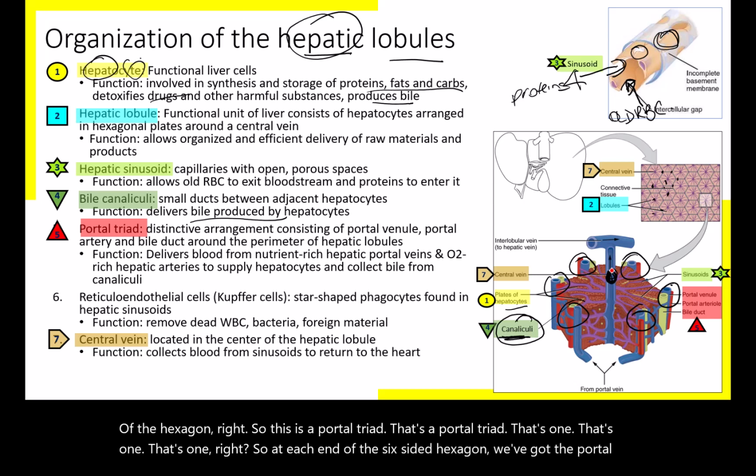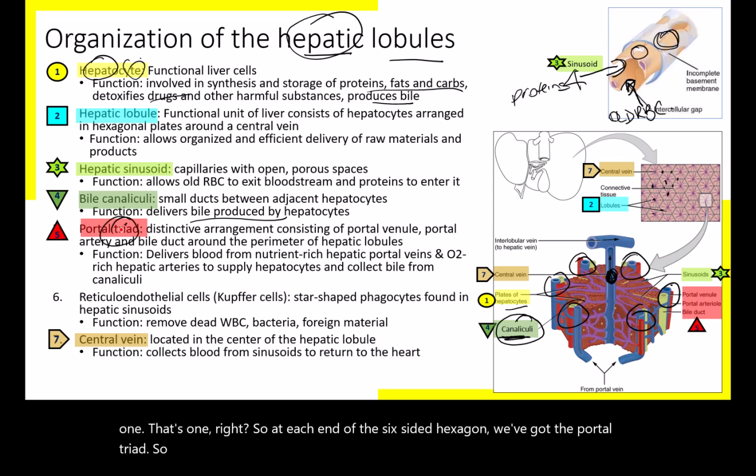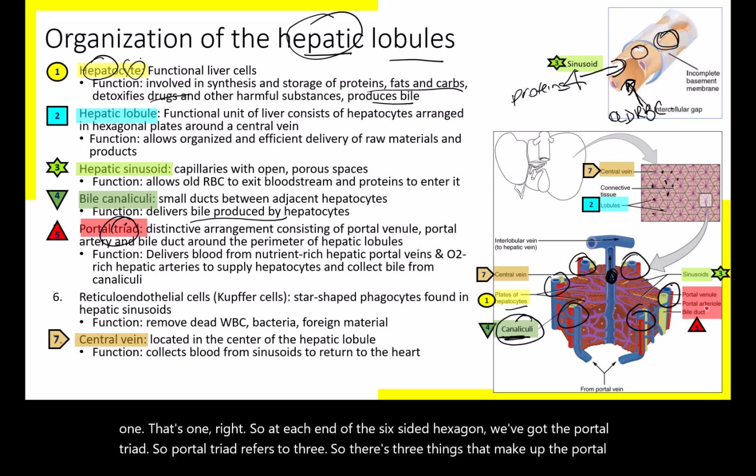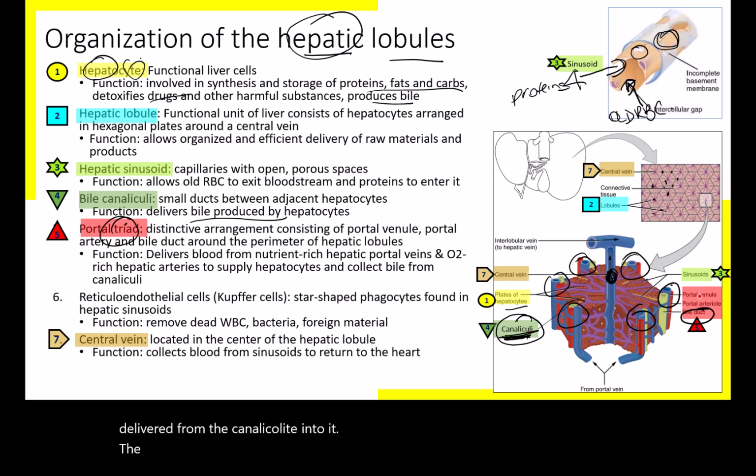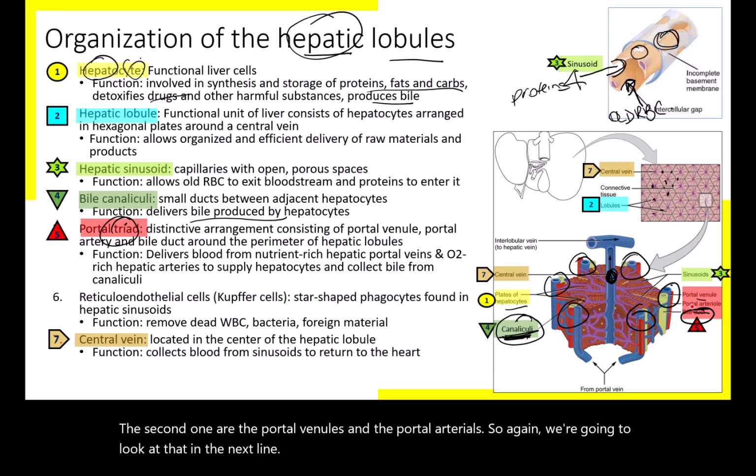Portal triad refers to three, so there are three things that make up the portal triad. The first one is the bile duct that collects all the bile that's being delivered from the canaliculi into it. The second one are the portal venules and the portal arterioles. Again, we're going to look at that in the next slide, right?